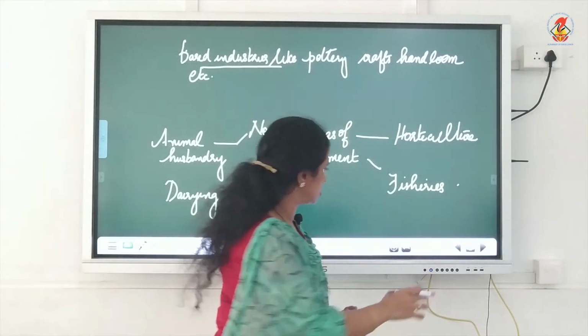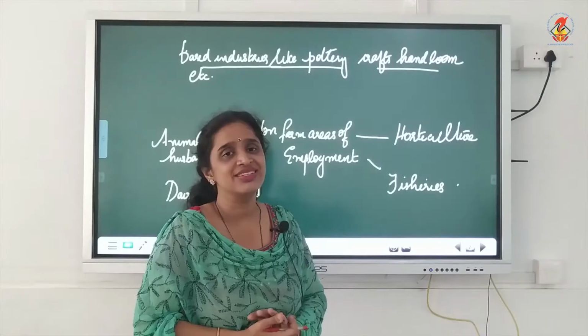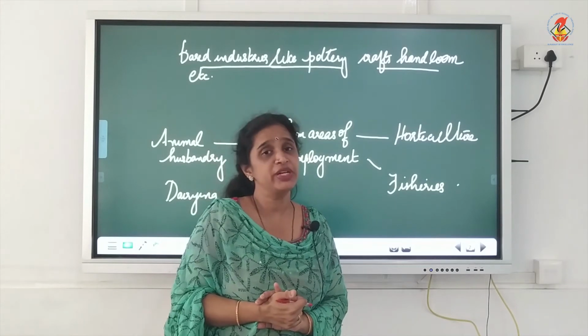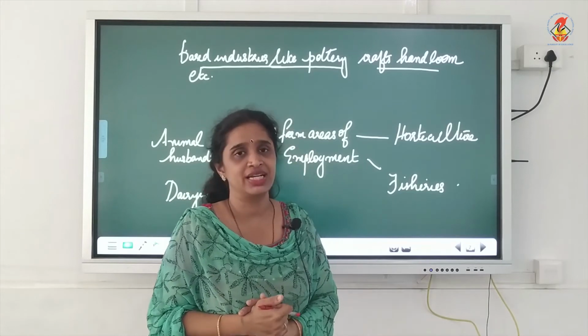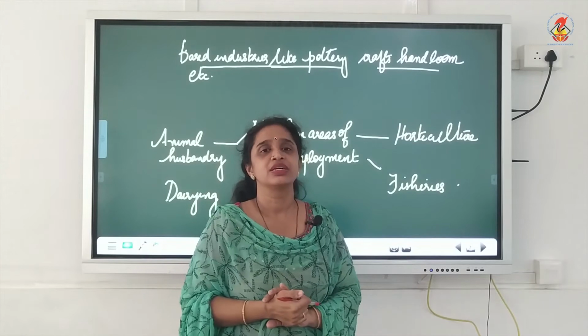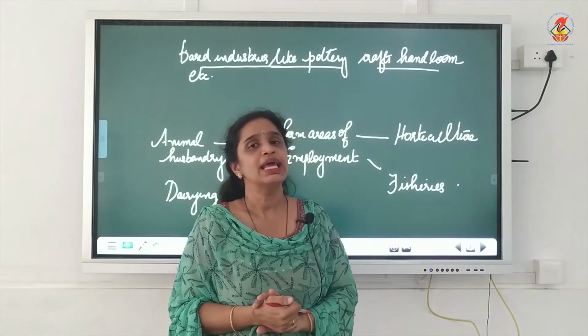Now, in this, the household-based industries like pottery, crafts, and handloom, these are neglected in our country. Proper infrastructure is not given to the people. So, government has to take measures in order to provide proper infrastructure facilities for the growth of cottage industry. So, this can give the sustainable livelihood option for more number of people in the rural areas.